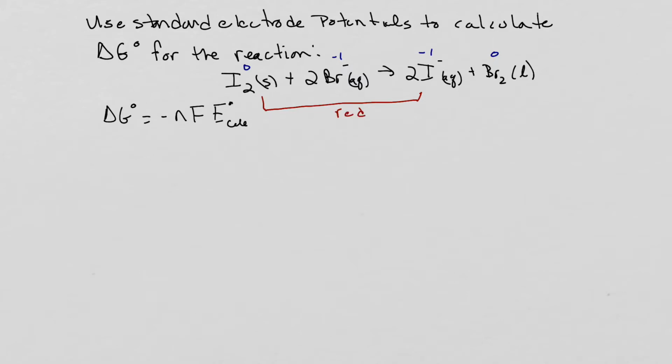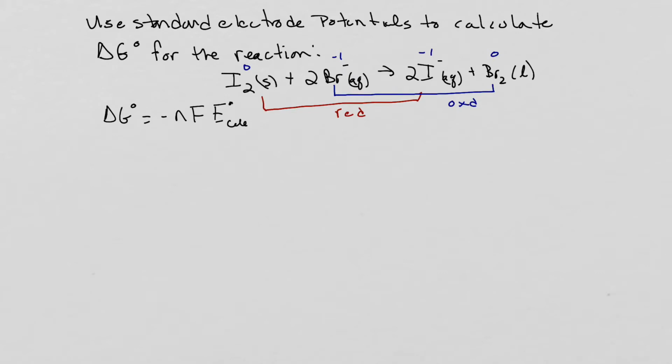And Br minus is undergoing oxidation, going from Br minus to Br, losing that electron to go from -1 to 0. So we have our oxidation and our reduction.